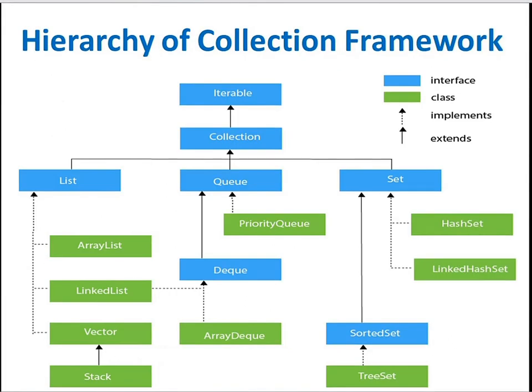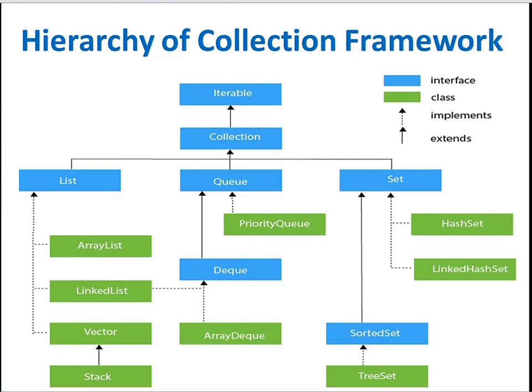This is the simple hierarchy of the collection framework. Iterable, collection, nothing but the container, means the container contains different types of or the same type of objects. In the collection framework, there are three collections: list, queue, and set. Under the list, ArrayList, LinkedList, Vector, and Stack come.